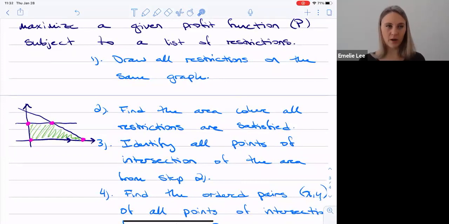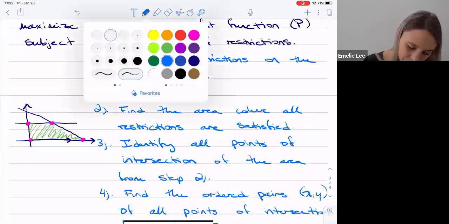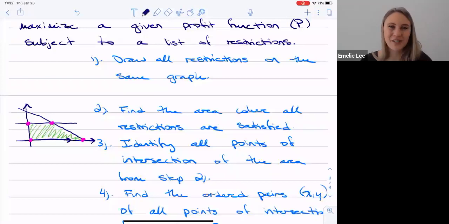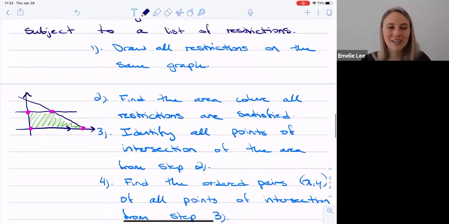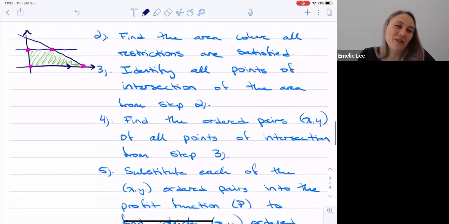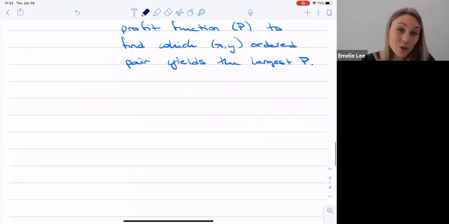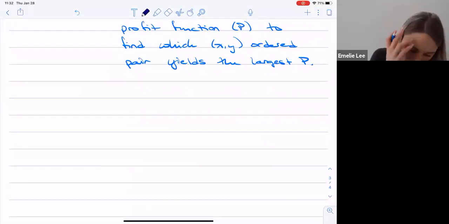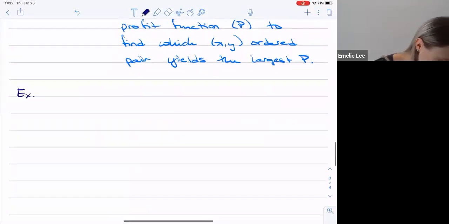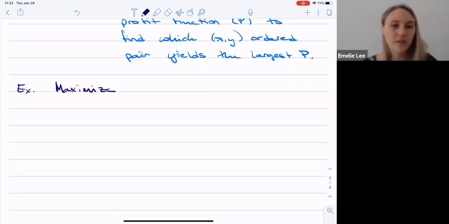So what all of these problems are going to look like are like this. And I'll show you how we're going to do a kind of a shortened version because I'm not getting you to draw things by hand. Usually you'd have to draw it by hand. Okay? So, example. This is how all these problems are gonna go, okay?